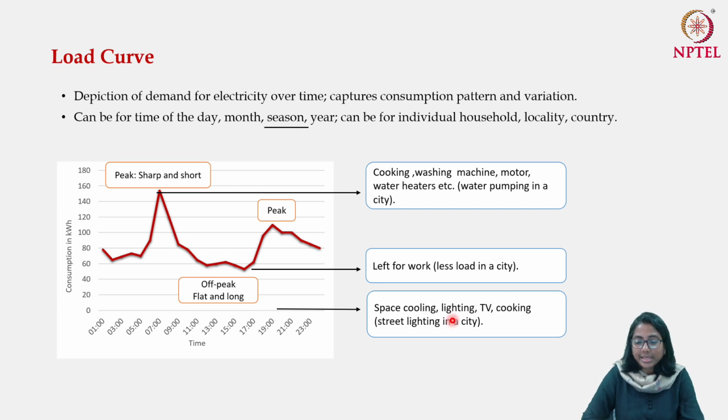In this case, we are saying that in the evening time, people may be using space cooling equipment, and therefore you get another peak. But if you think about the winters, then there are no space cooling activities going on, and therefore in the night time, you can have an even sharper decline in the electricity demand, generating a deeper valley. All these points show you how important it is to understand the load curves at a disaggregate level.